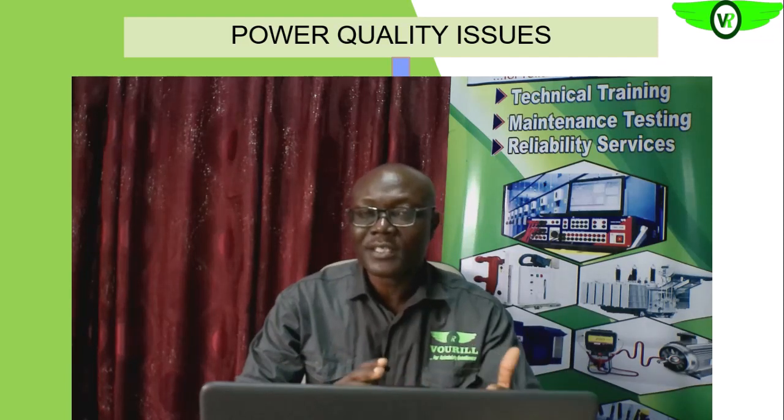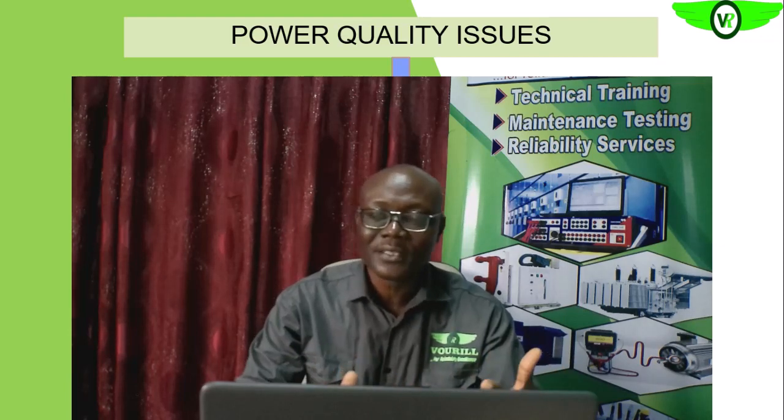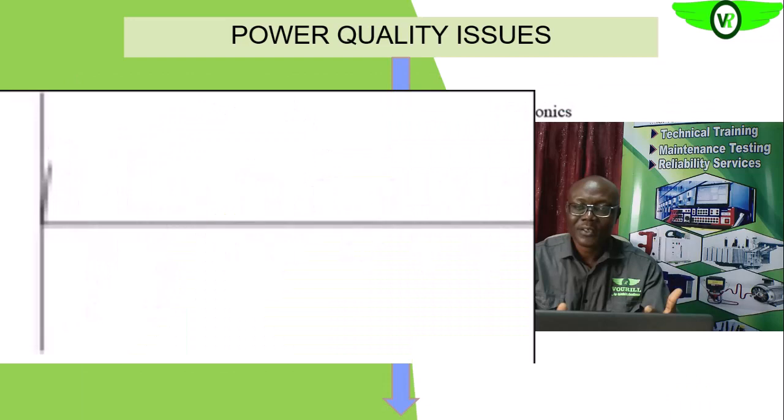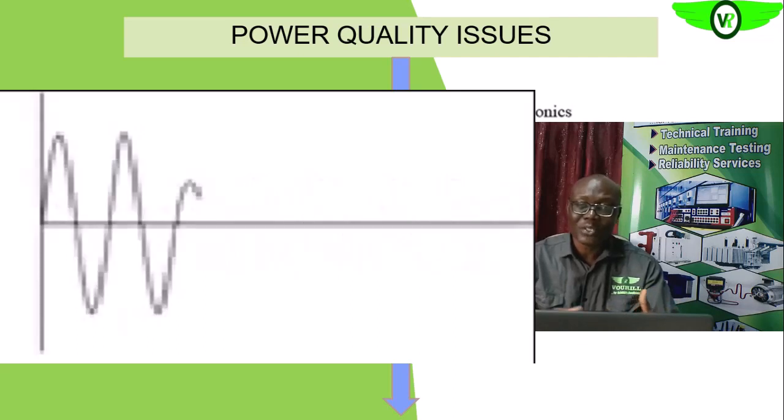So if it is less than, say, 90% of what we expect in our system for about, say, more than 1 minute, that is under voltage.